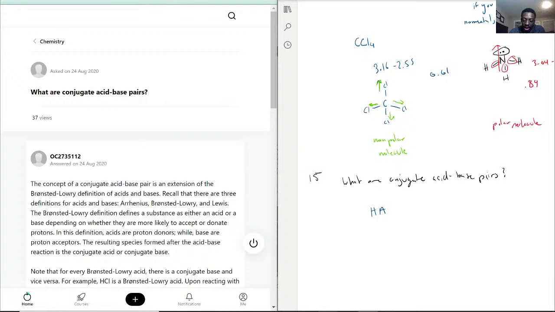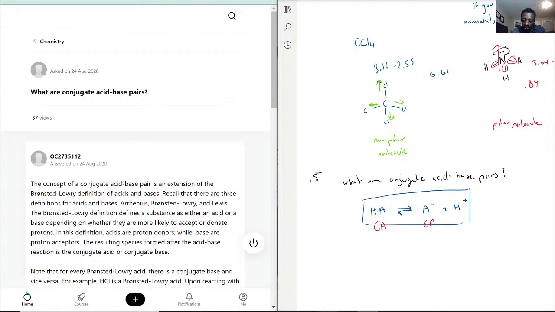HA, so it's H with some molecule attached to it, the hydrogen plus that, dissociates to A minus plus H plus, okay? This is the formula I like to use right here. Very crucial. Most acid base interactions, if not all, can be broken down to a formula like this, okay? This is the conjugate acid.